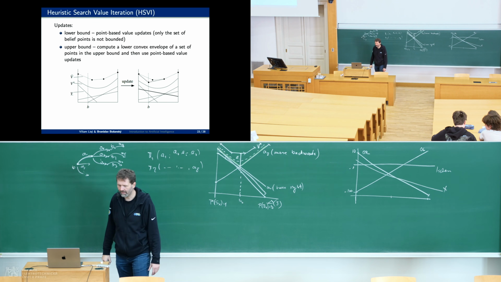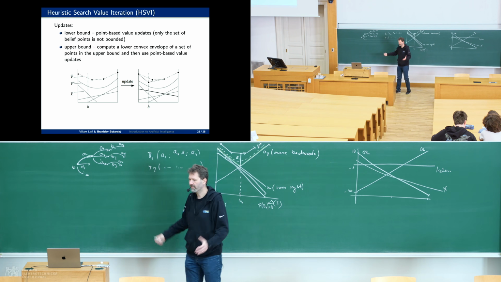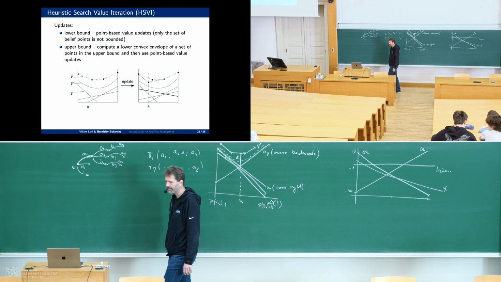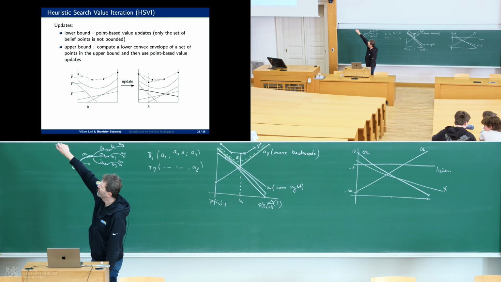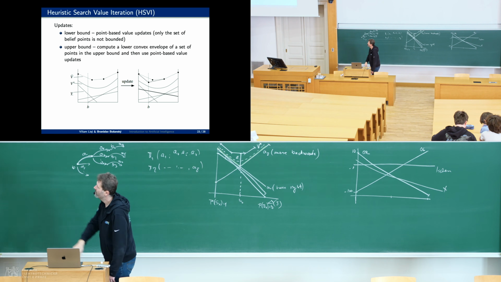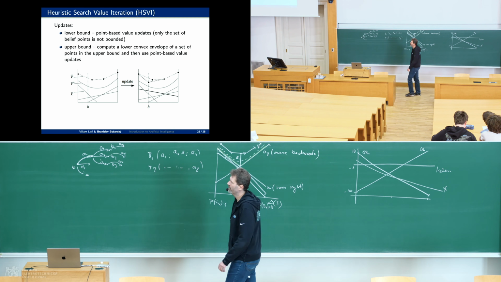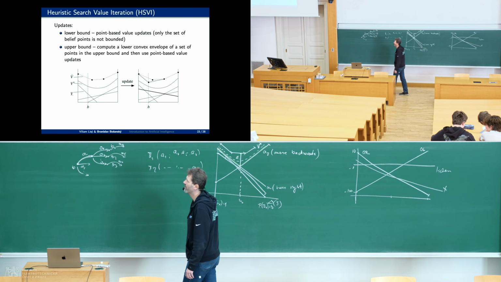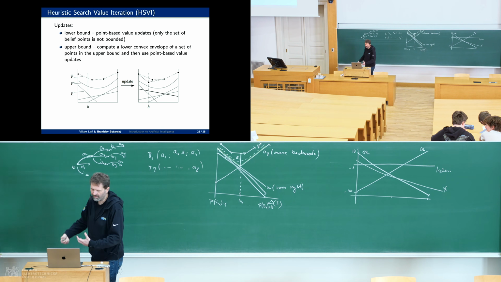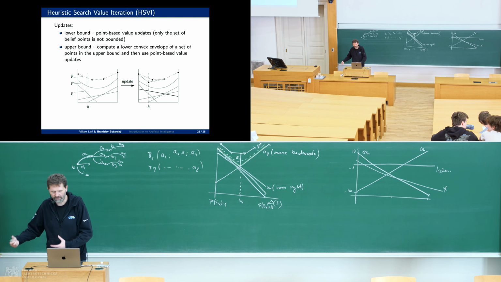So it's mathematically slightly more complicated, but basically again it's a convex function. During the updates, we are either adding new alpha vectors, or adding new points into the upper bound representation, and in this way we are tightening these two bounds together to get to this V star that we are looking for, right?